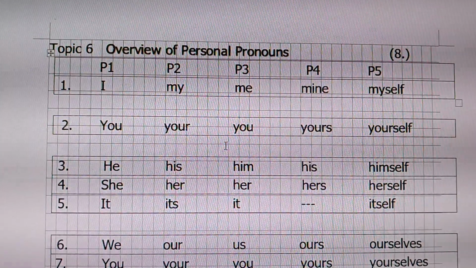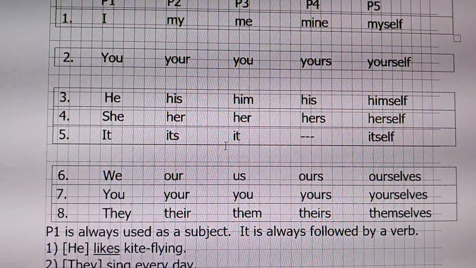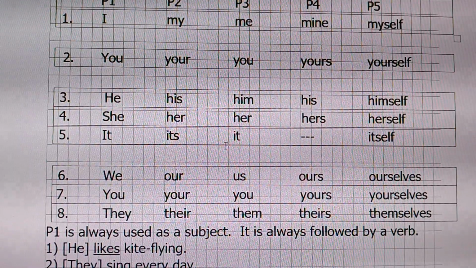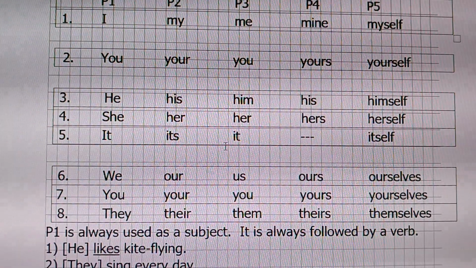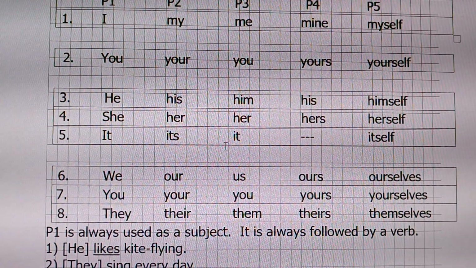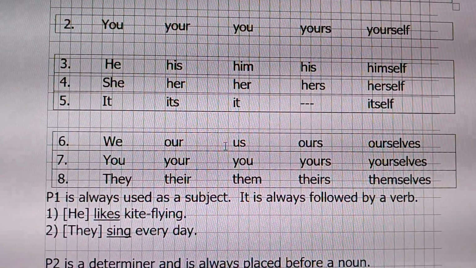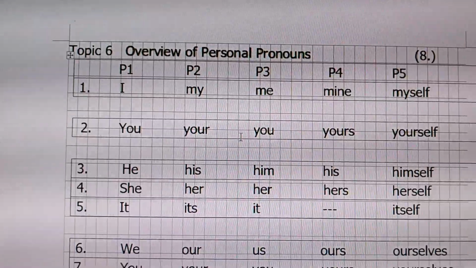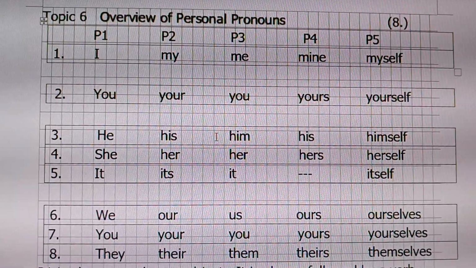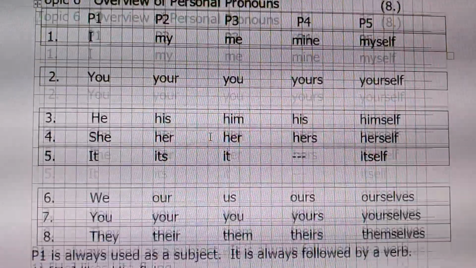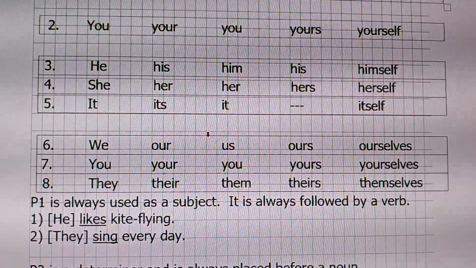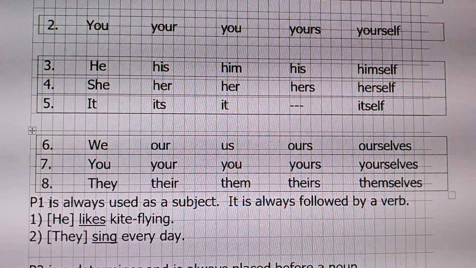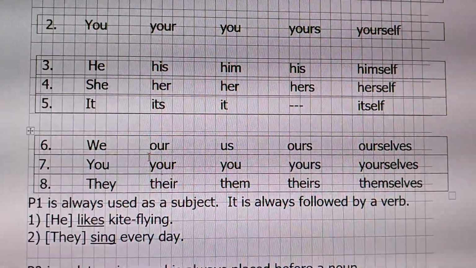It, its, itself. We, our, us, ours, ourselves. You, your, you, yours, yourself. They, their, them, theirs, themselves. See that? Memorize them. You can tell all these words by heart without much problem.